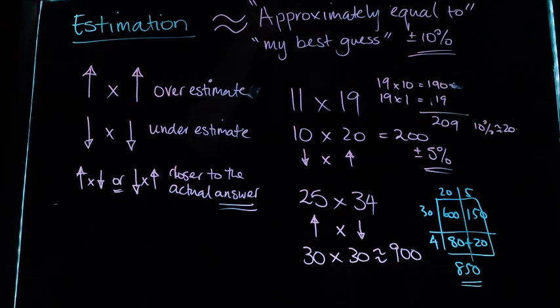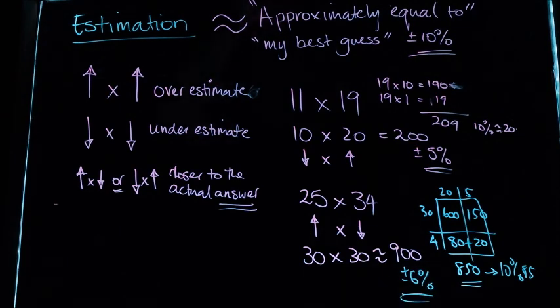So 10% of that is 85, and we said 900 here, so we're probably plus or minus 6% here. So that's the idea behind approximating, okay, or estimating.